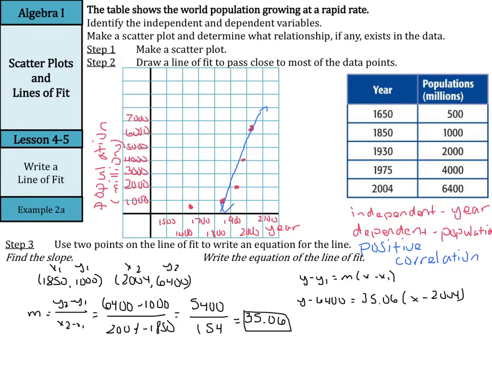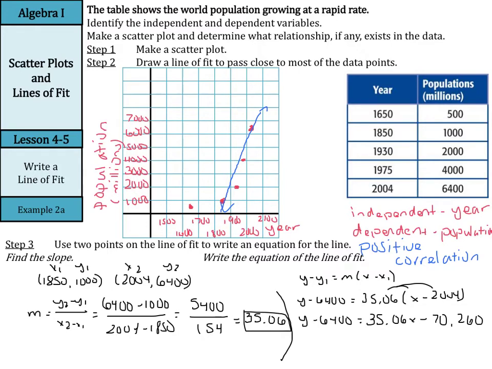And we can distribute here and get y minus 6,400 equals 35.06x minus 70,260.